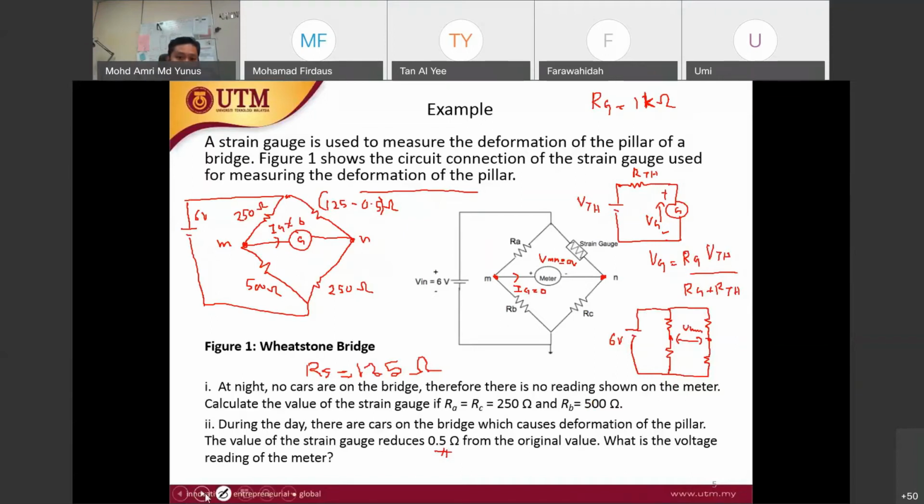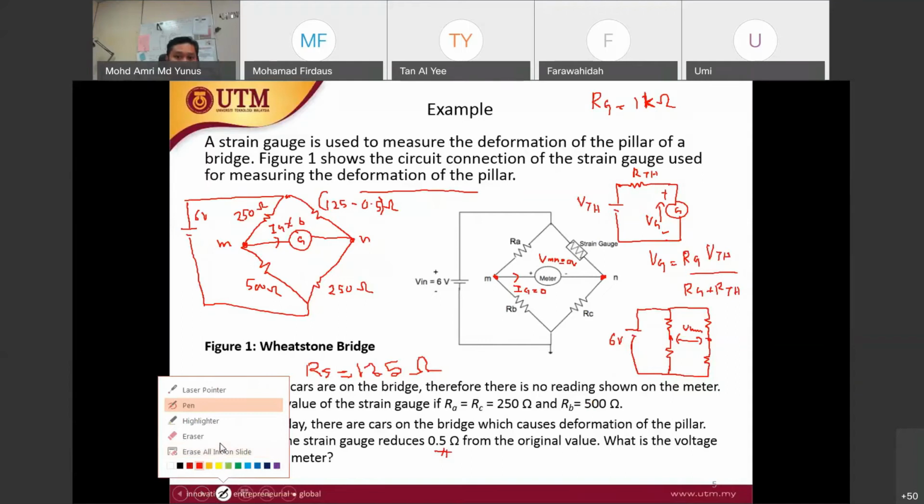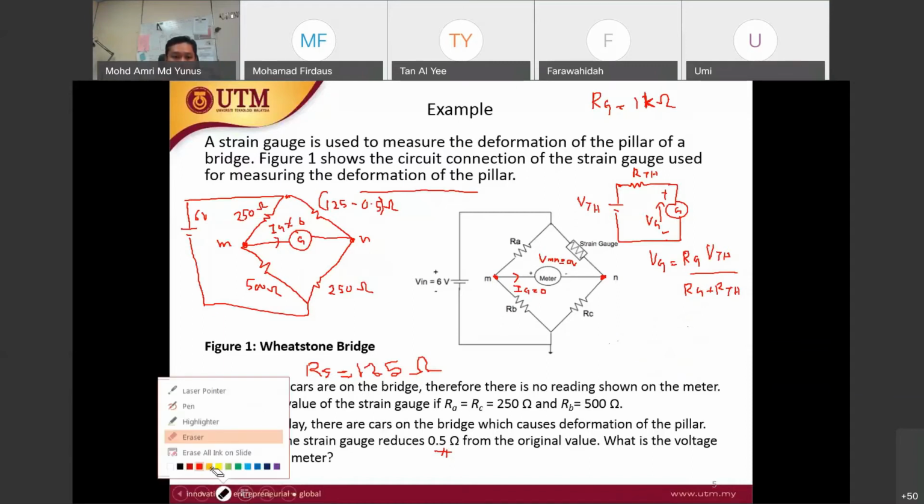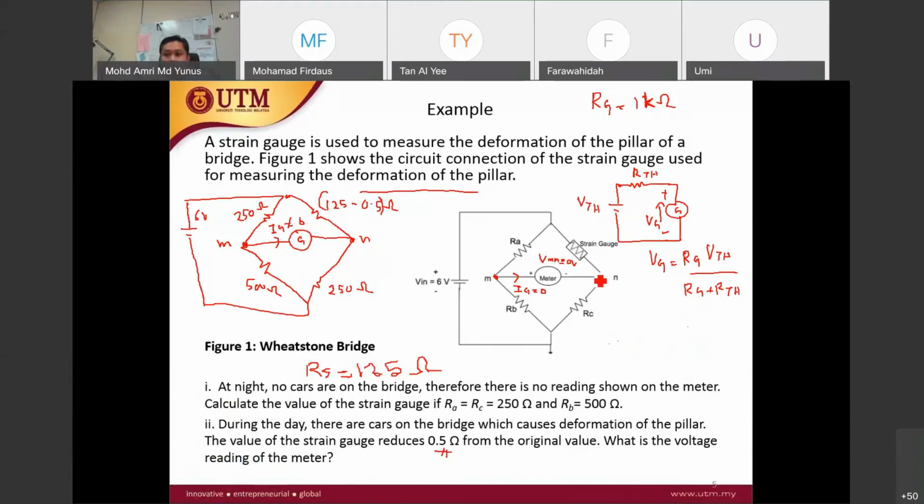We have to short circuit the power supply, the 6 volt.